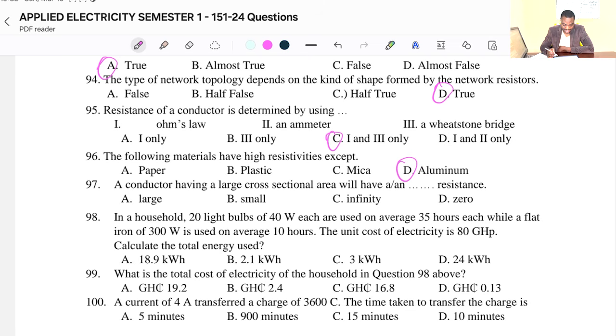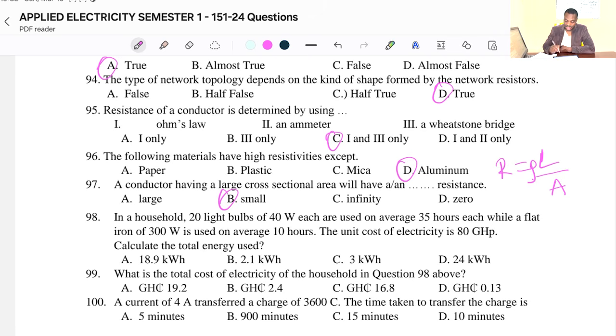A conductor having a large cross-sectional area will have a small resistance. How do I know this? Because we know that the resistance of a conductor is directly proportional to the length and inversely proportional to the cross-sectional area of the conductor.